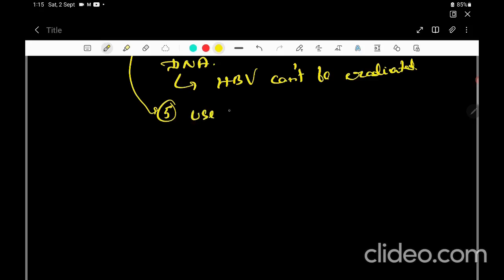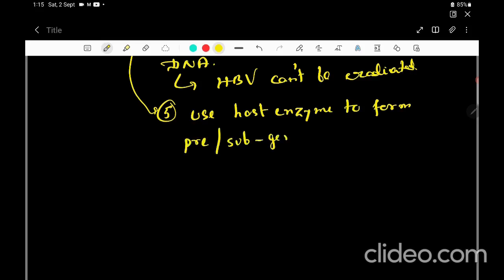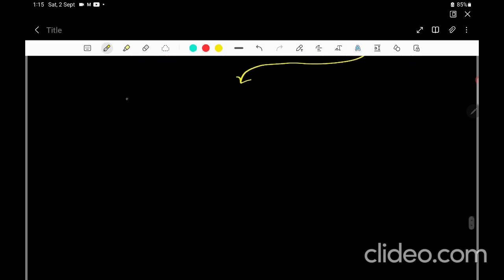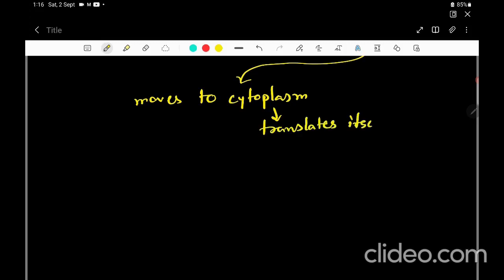Now this mRNA moves to the cytoplasm, and this translates itself and forms the surface protein.